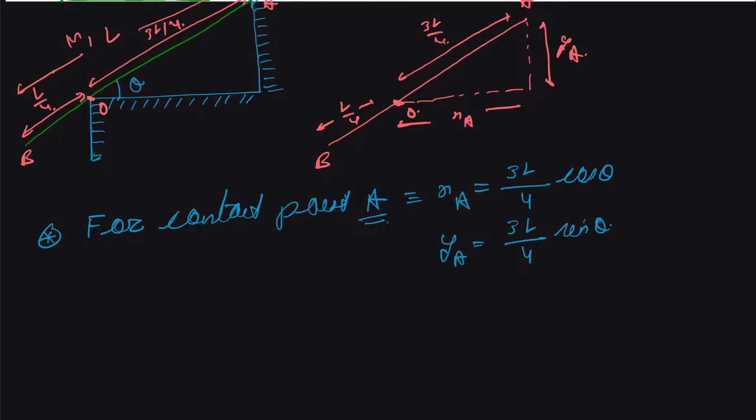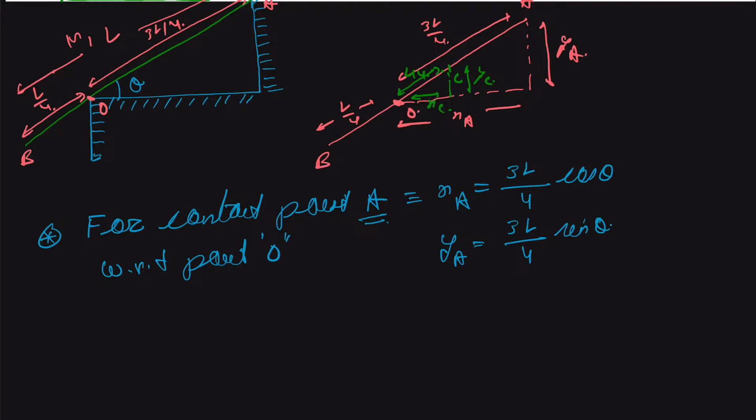We can find the same things for our center of mass C. The center of mass C is, let us suppose, somewhere here, and we have to remember this is with respect to our O, as for contact point A. Similarly, this is our Y of C and this is our X of C, once again with respect to point O, and this length will be L by 4.